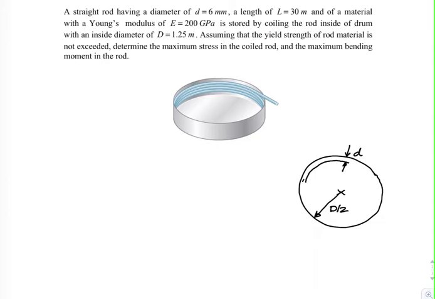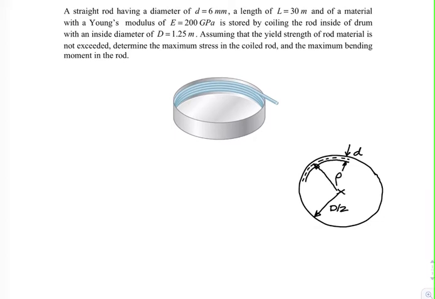If I draw a dashed line which represents the neutral plane of this beam as it's bent, then the radius of curvature, which I'll call rho, we can see from the figure here that rho is equal to D over 2, subtract away half of the diameter of that rod, so that's small d over 2.